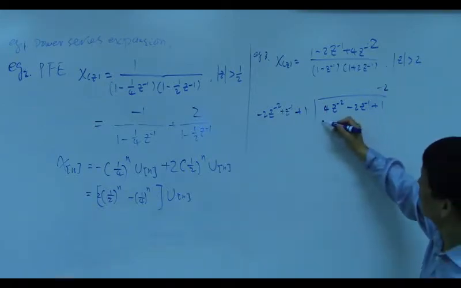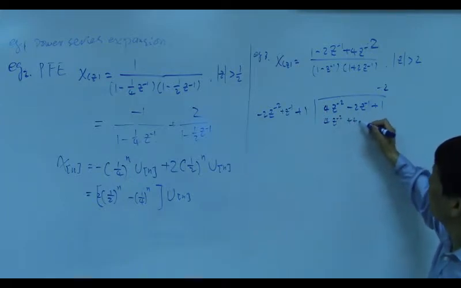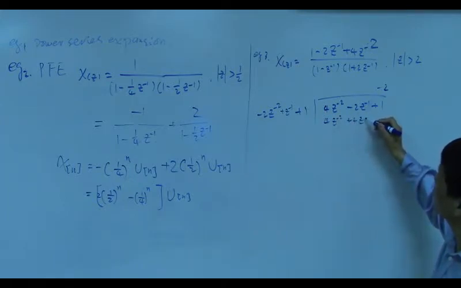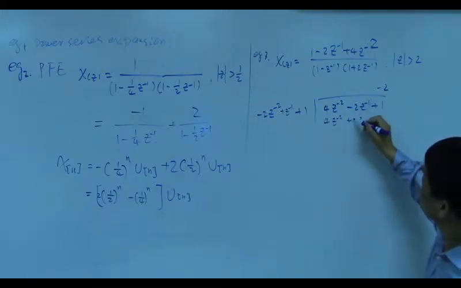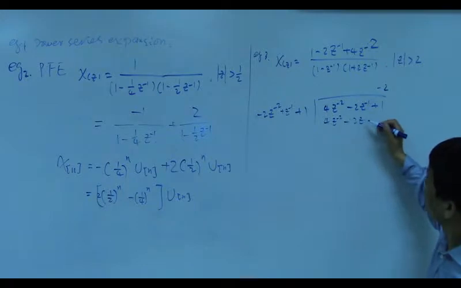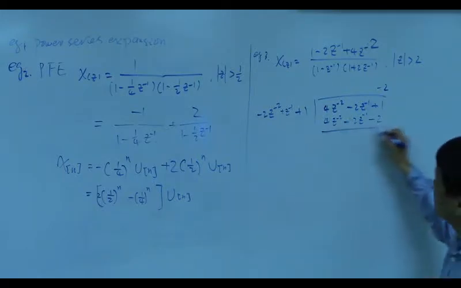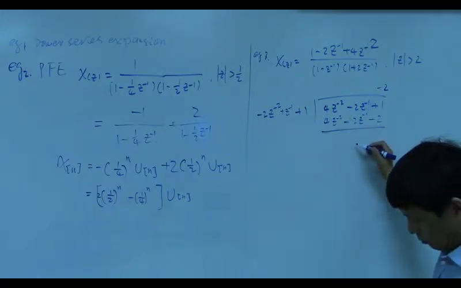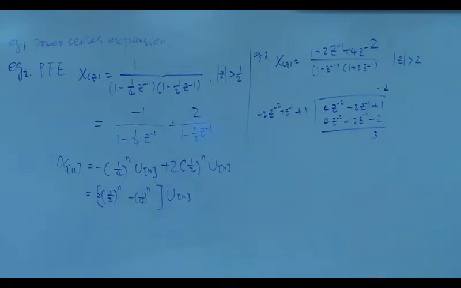And so this one is 4 z to the negative 2 plus 4 z to the negative 1. This one is negative 2 z to the negative 1, then minus 2. Right? And we subtract, that one will be 3 only.